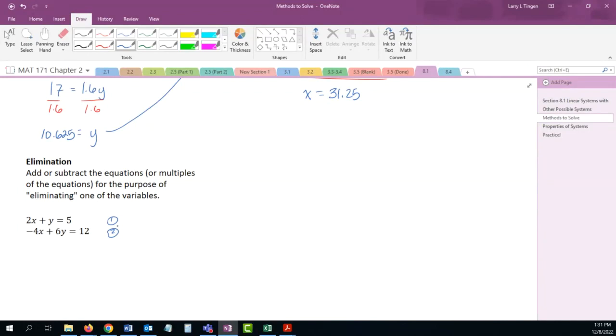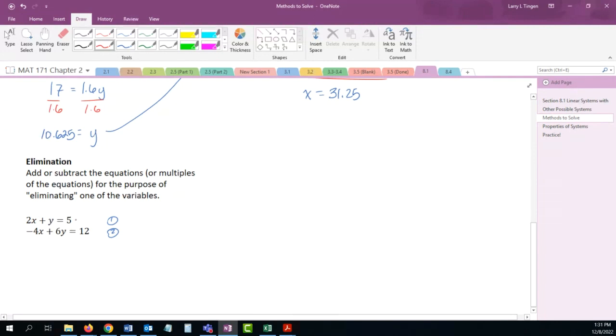Well, if I do that, I can multiply the equations by different numbers, and then I can either add or subtract the equations. And I want to multiply by certain numbers so that when I add or subtract my equations, one of them goes away. So let me show you what I mean.